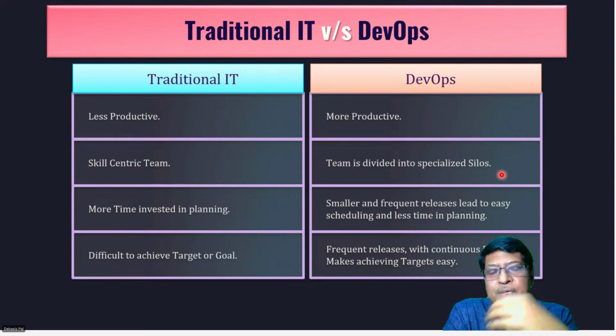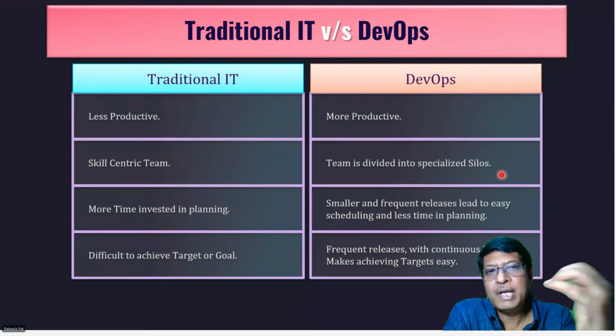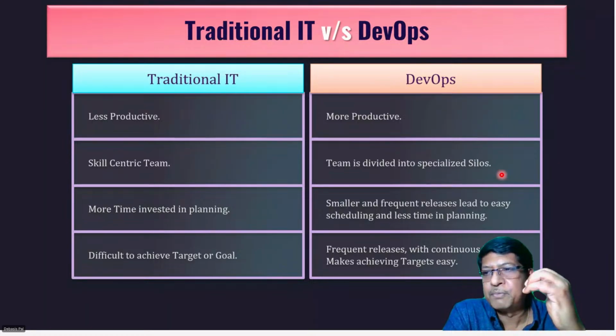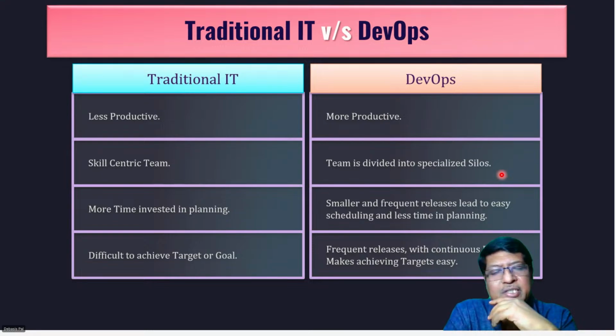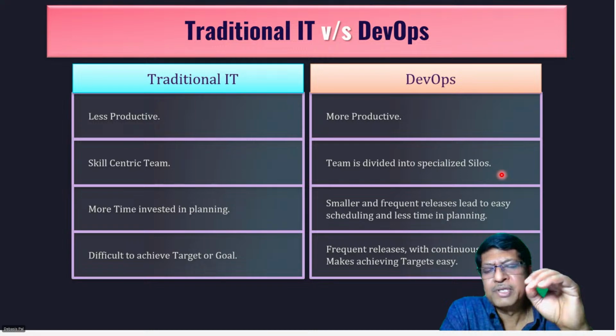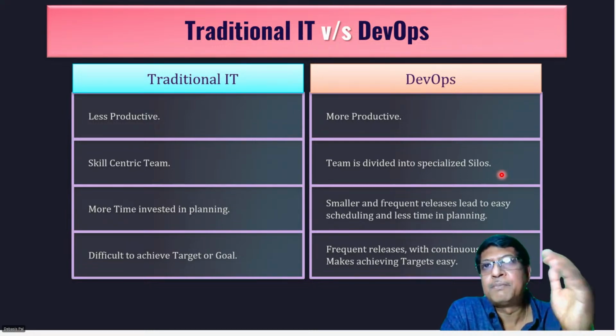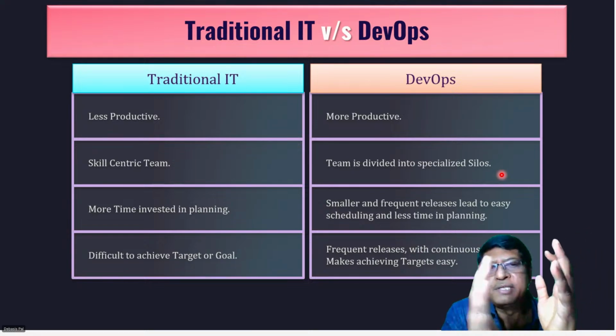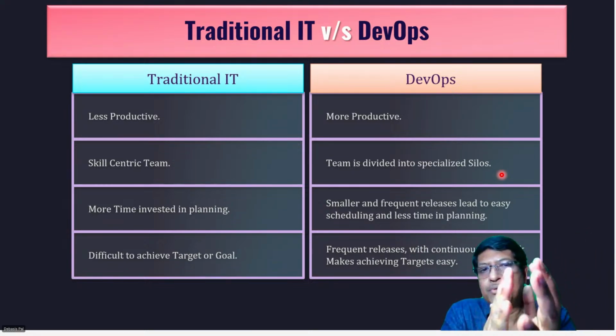I am an aged person, I am an old person, but I can understand that when I stepped into DevOps, when I was in project management, almost 6 years back from today, in 2017 and 18, I came into DevOps because my project was transitioning from the Waterfall model to the Agile model.